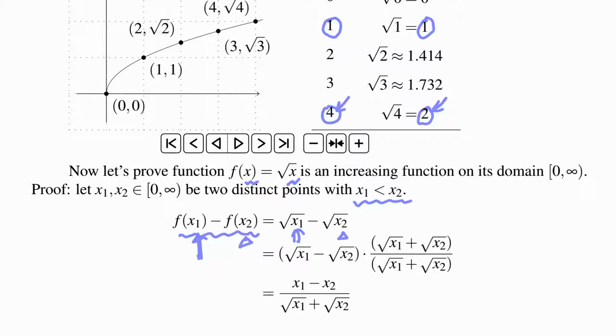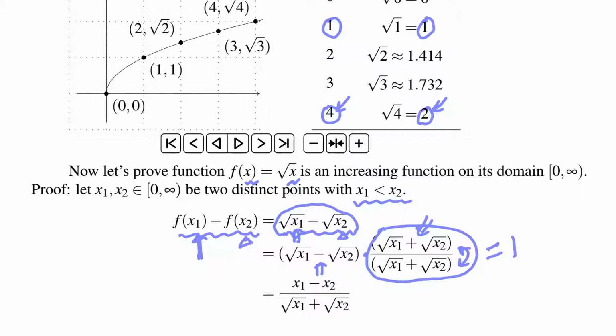Now the common way to figure out if this is negative or positive is to multiply by the conjugate. Here is minus, so you want to do this plus. The upstairs and downstairs are the same, so the value you multiply by is actually 1.